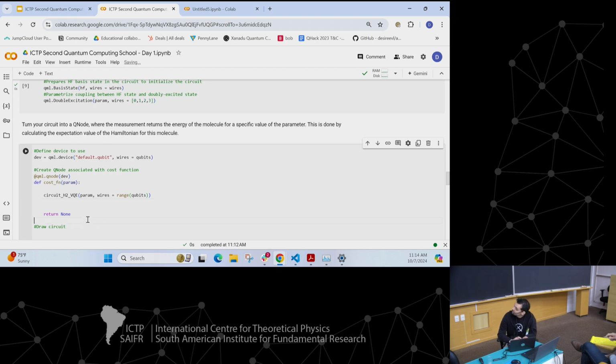We're going to return the expectation value of our Hamiltonian that we associated with the variable capital H.